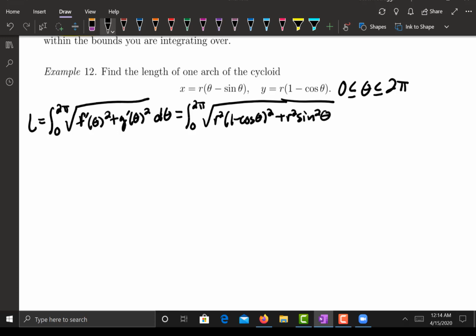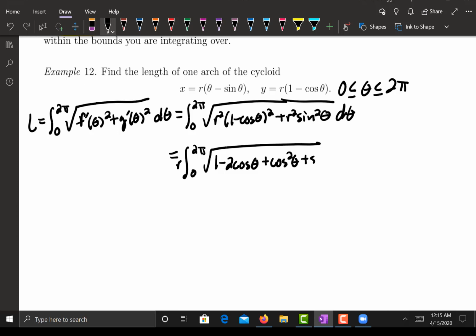Now let's try to expand that. Integral from 0 to 2 pi. Note that I have a common factor of r squared, and I'm inside a square root. So after factoring the r squared out inside that square root, and then taking the square root, I'll have an r. Now if I go ahead and expand 1 minus cosine squared, I'll have 1 minus 2 cosine of theta plus cosine squared of theta plus sine squared of theta d theta.